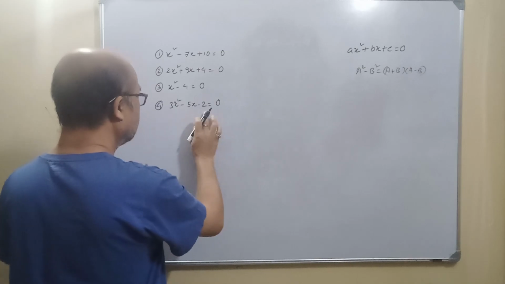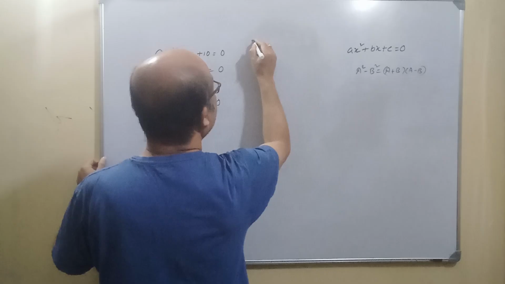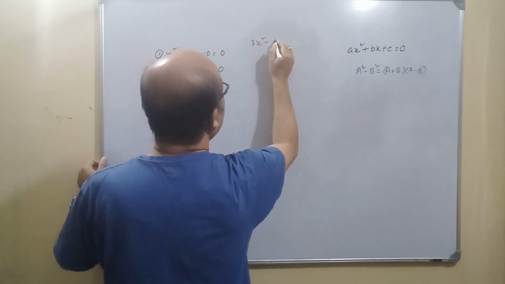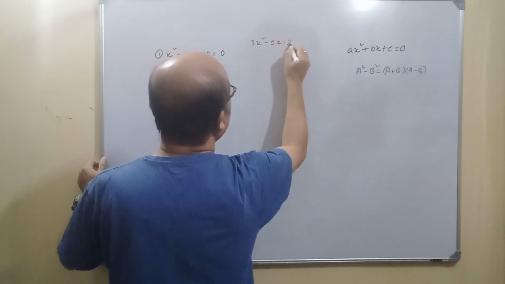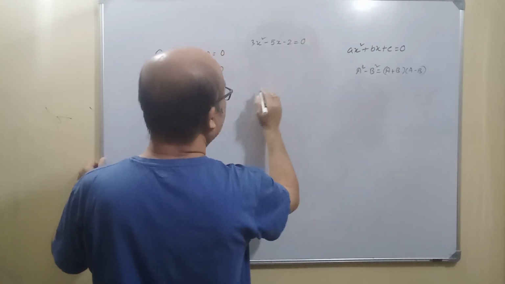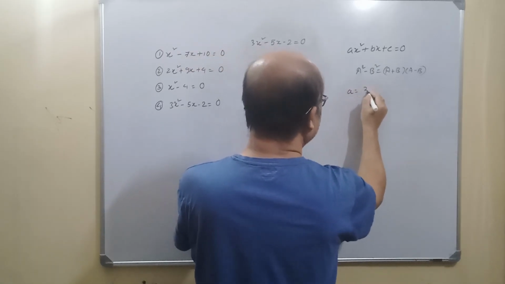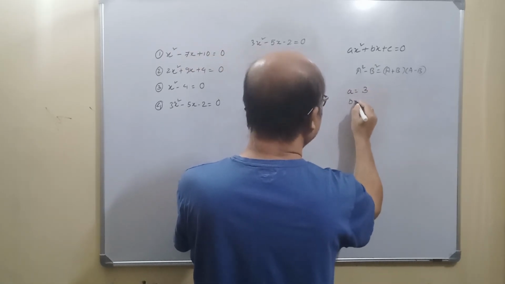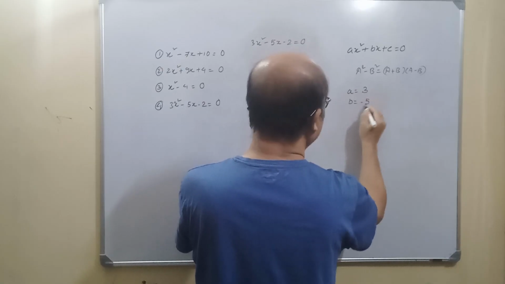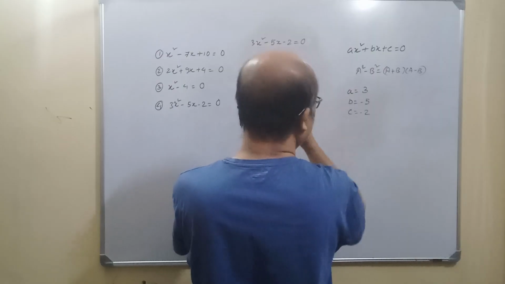So the last equation, 3x square minus 5x minus 2. Here a is 3, b is minus 5, and c is minus 2.